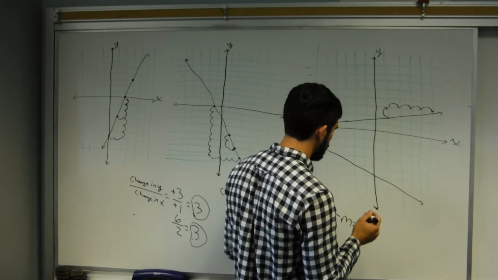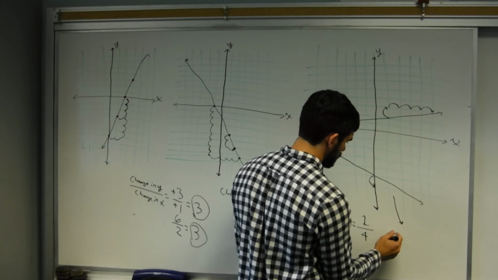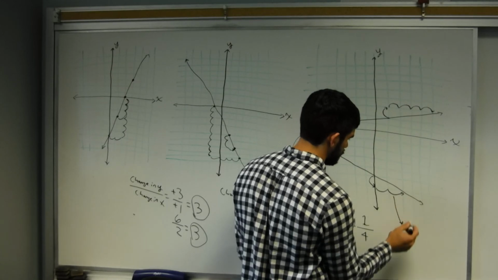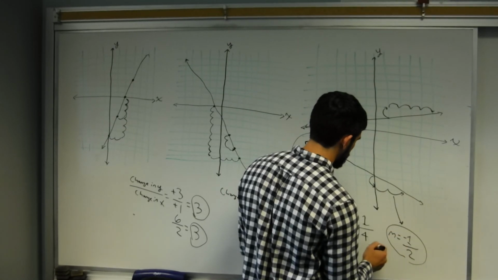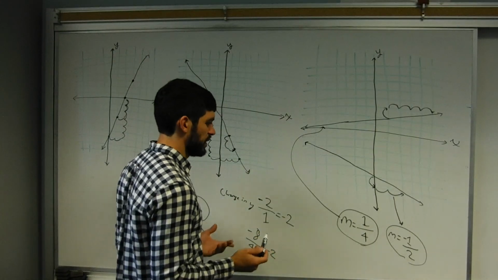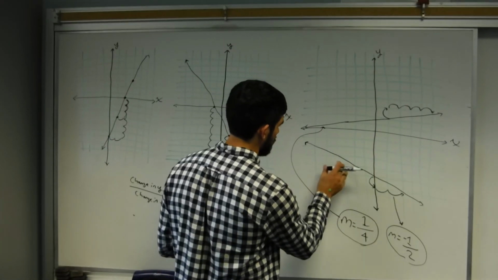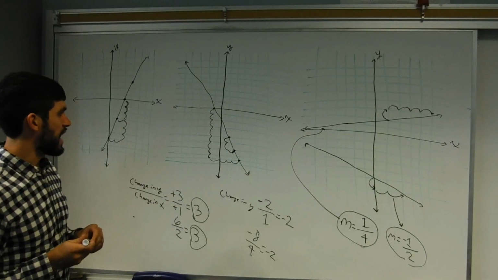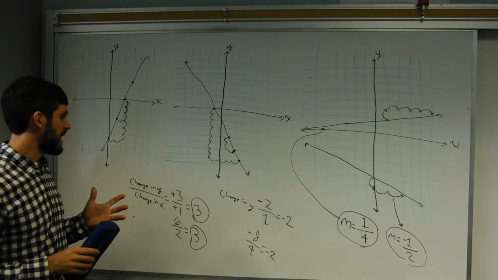And for our bottom one, we're going down 1 and right 2. So our slope would be negative 1/2. That's why we want to generally put slopes in fraction form, because it makes them easy to analyze and graph. So that is how you find the slope of a linear function from a graph.